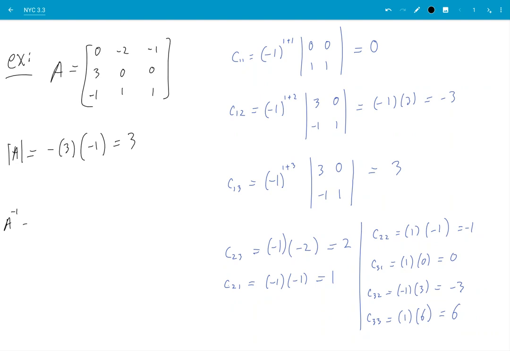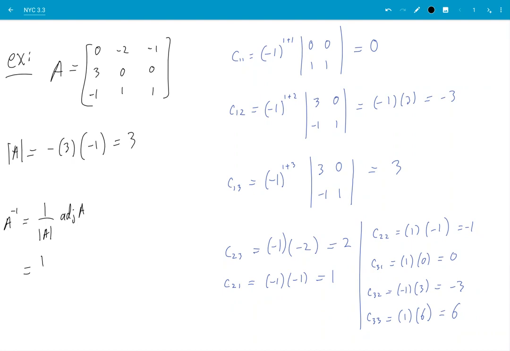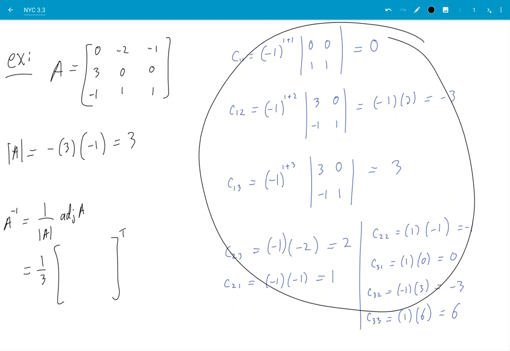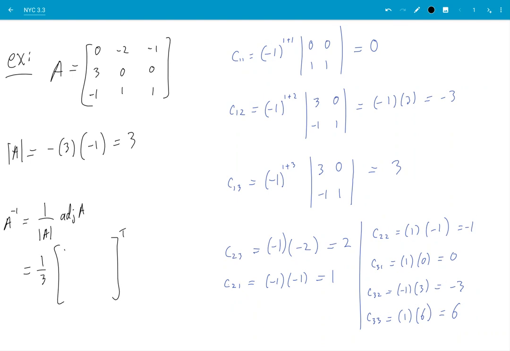So A inverse is, what is it again? Oh, yes, 1 over this determinant, and then the adjugate of A. So it's 1 over 3. Now the adjugate is going to be something transposed. Don't forget the transpose. And I'm going to take all the numbers I found over here and just put them in.